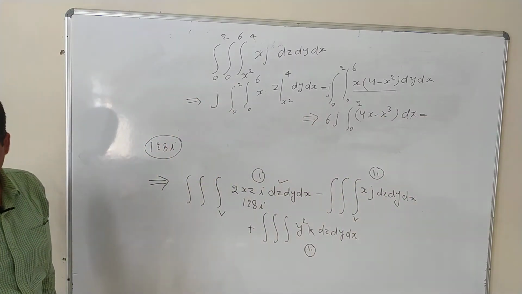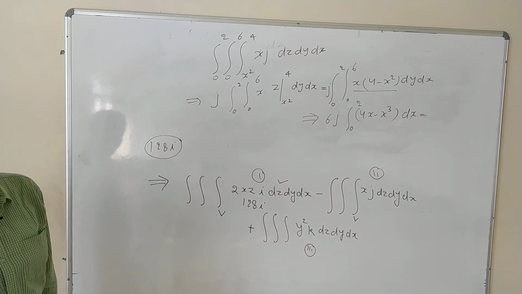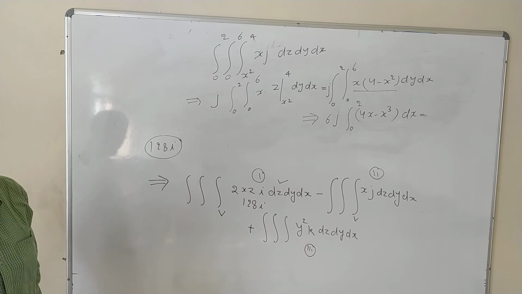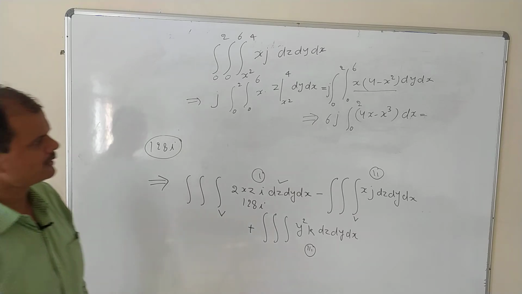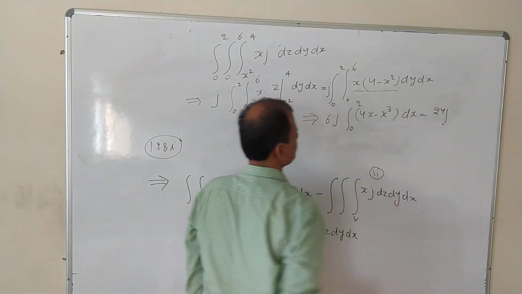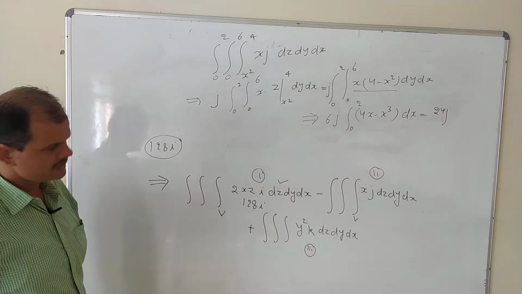Now if you simplify, we get 24j. This is your second integration.